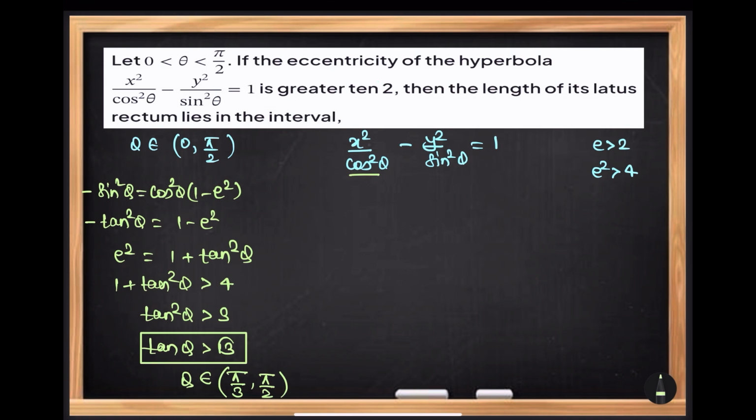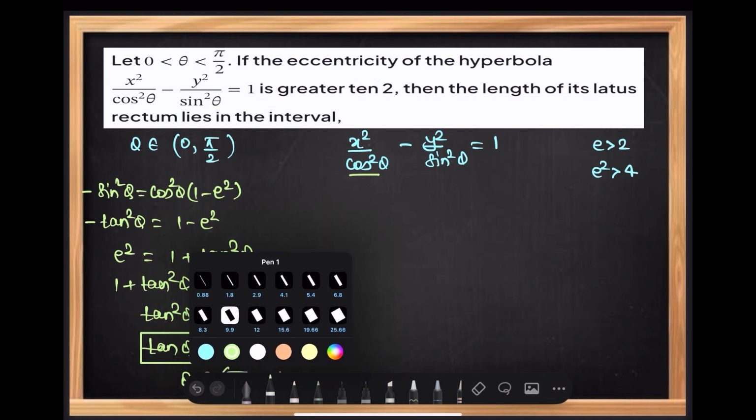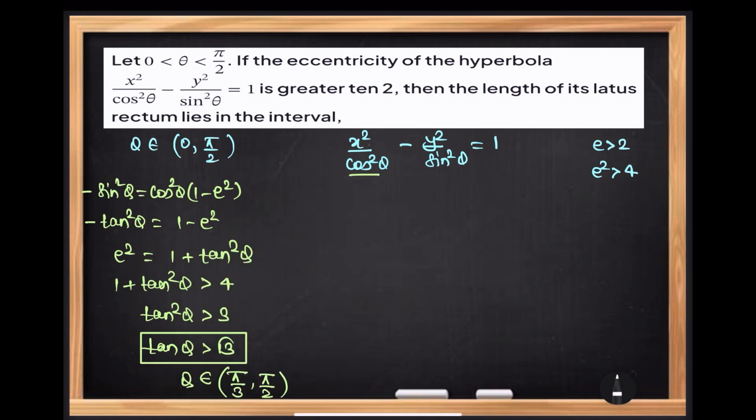Now let's proceed. We have to find out the range of the latus rectum. So what is the length of the latus rectum? Suppose it is x square by a square minus y square by b square equals 1.